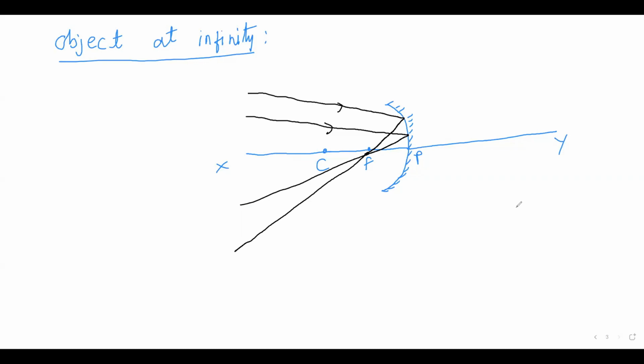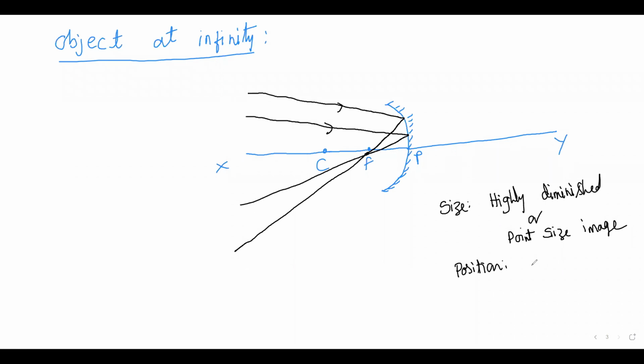This is the image. So now tell what is the size of the image? Diminished. Highly diminished. You can even tell it as point size image. And what is the position?